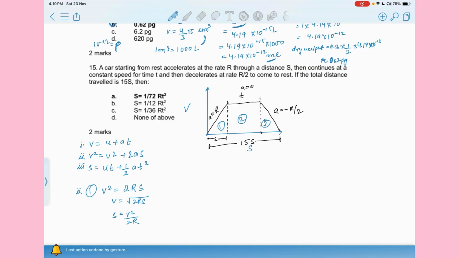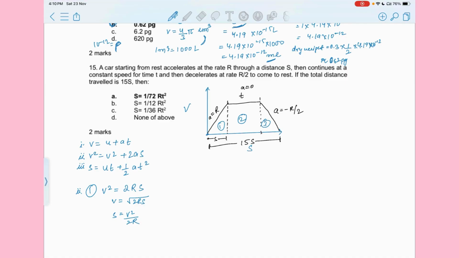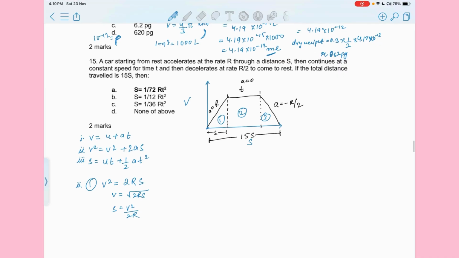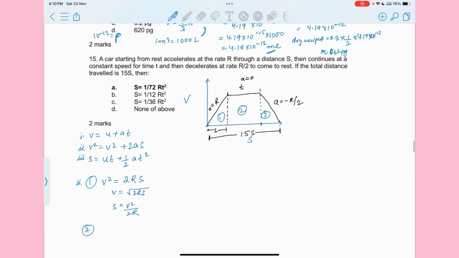Now for the second part, let this distance be s dash. Again we can use the second equation for the second part, and the s dash will become under root 2rs into t.